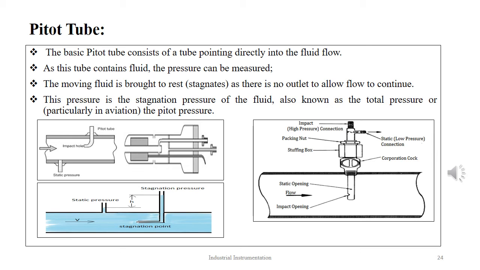Foreign materials tend to clog the opening in the tube, and the classical Pitot tube senses impact pressure at one point only, thus decreasing the accuracy.